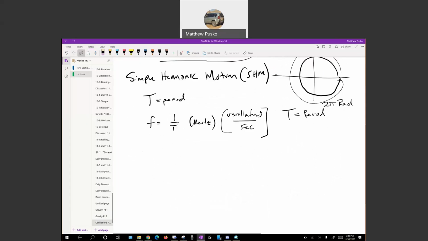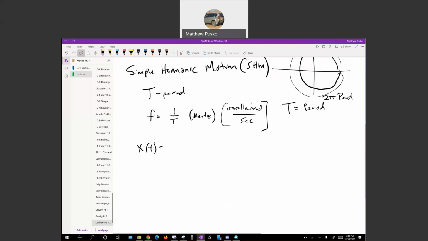So we'll say that on this, let me redraw it real quick. We have some particle m going between plus x and minus x. We can figure out its position at any time t by saying where it was to start times the cosine of omega t plus phi.